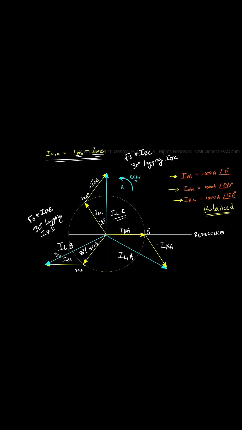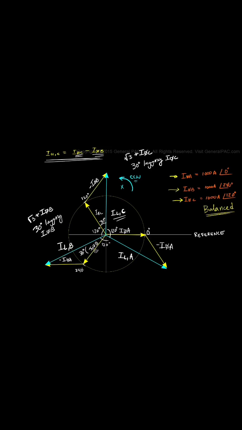The line currents also have a 120 degree phase difference between each of them. So we have 120 degrees difference here, 120 here, and 120 here. And all of them have the same magnitude, which is the square root of 3 times the phase current.